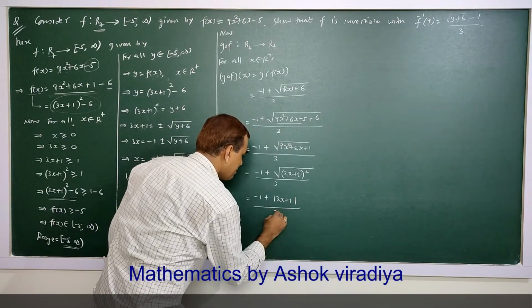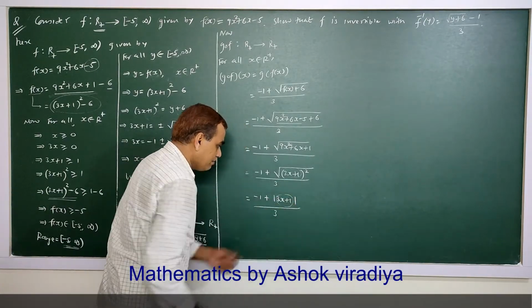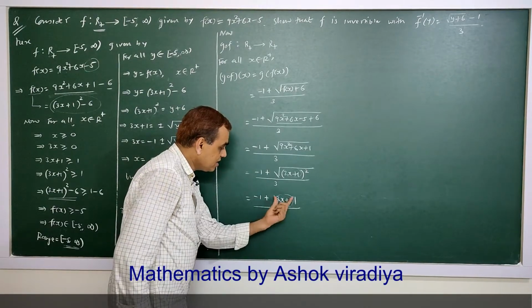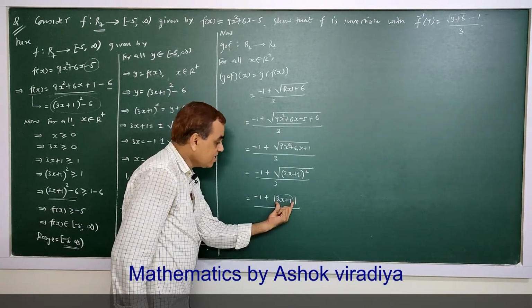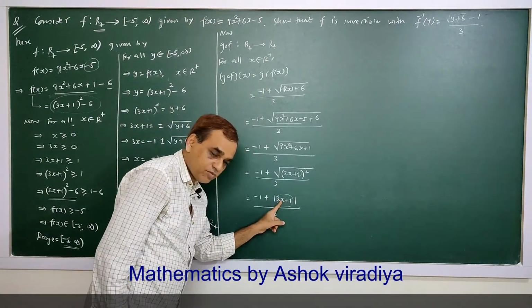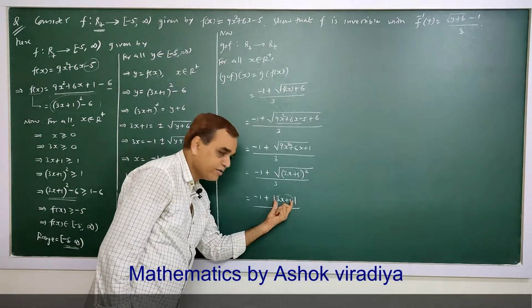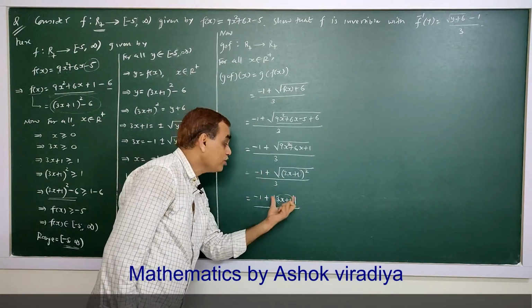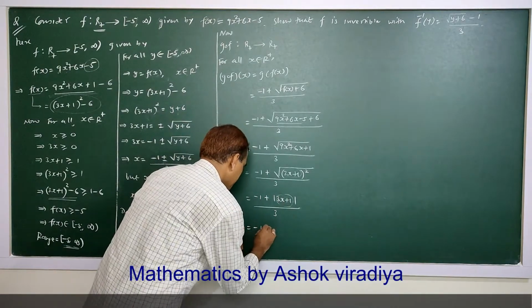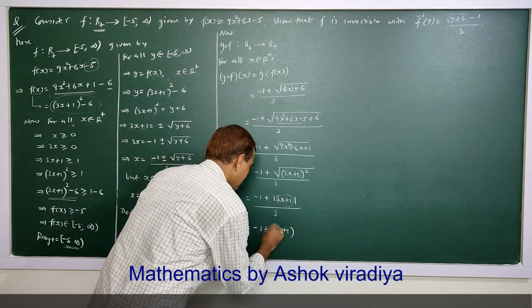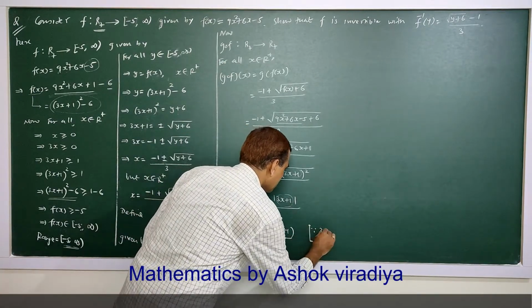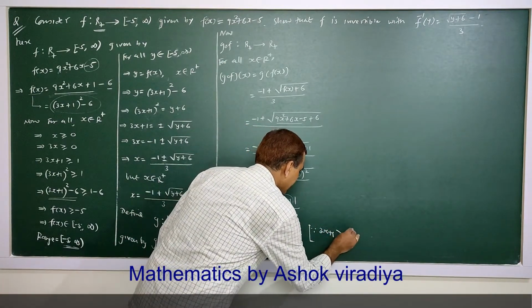Because t is non-negative, since x is non-negative and so 3x plus 1 is non-negative, if t is non-negative, modulus t is t. So now this is equal to t, because 3x plus 1 is non-negative.